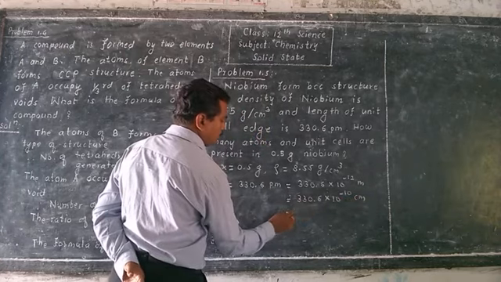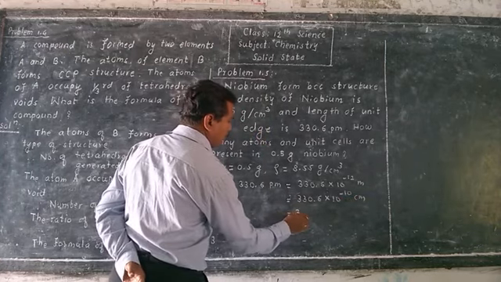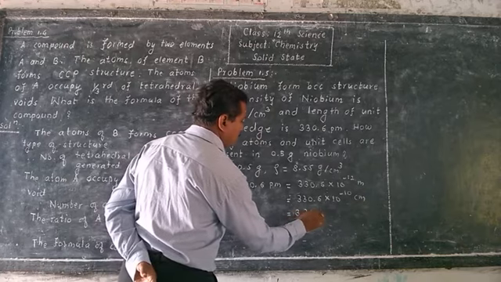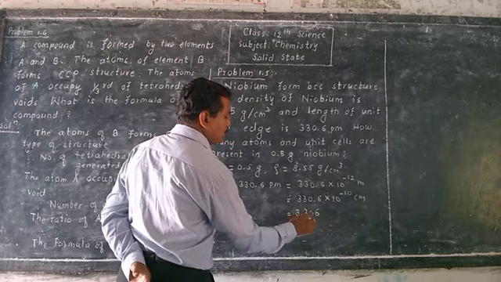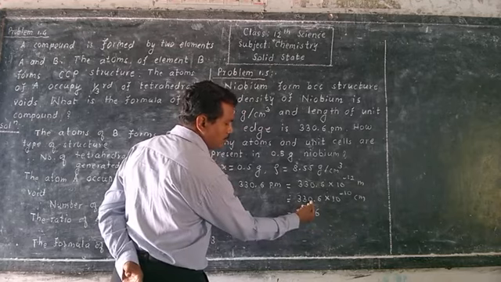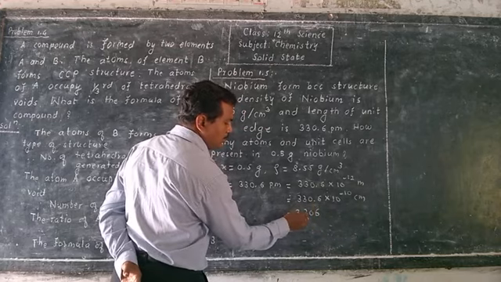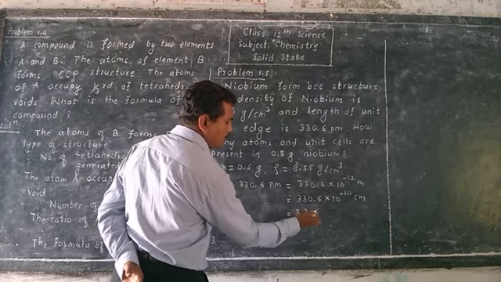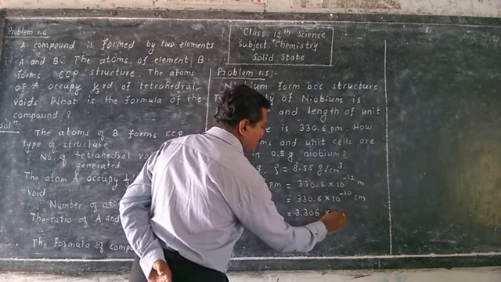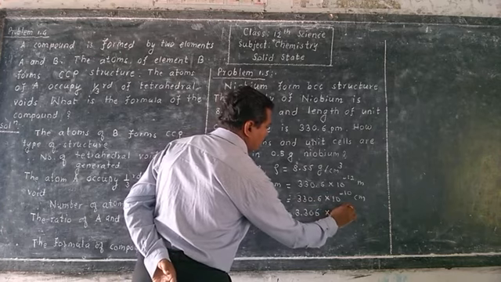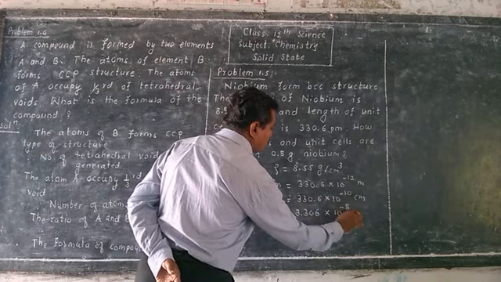Simplifying, it is 3.306 into 10 raised to power minus 8 centimeter.